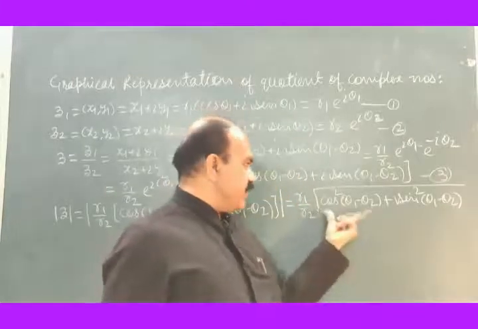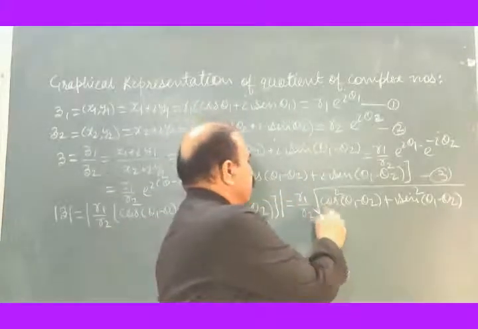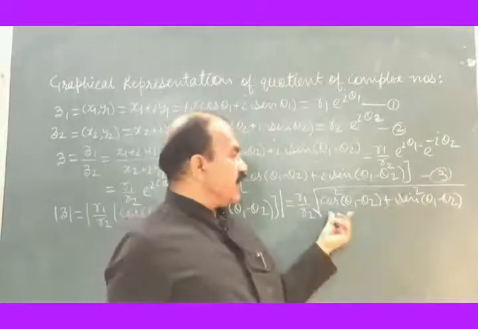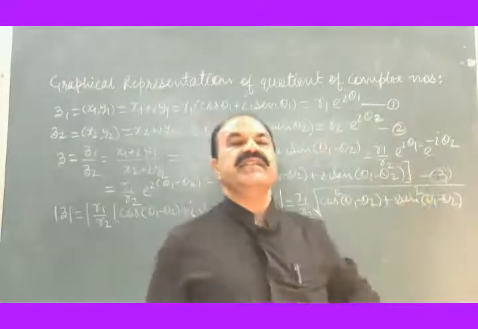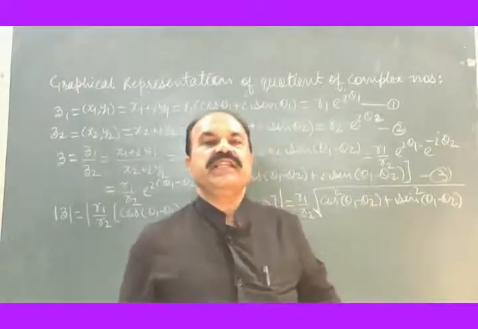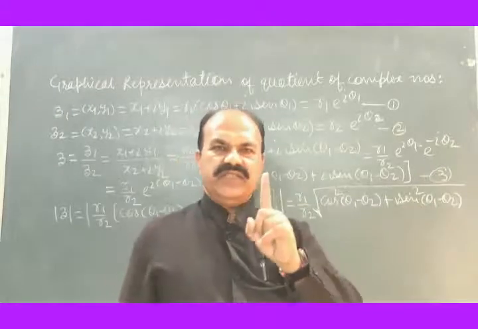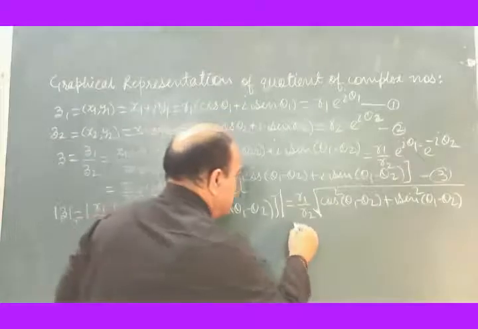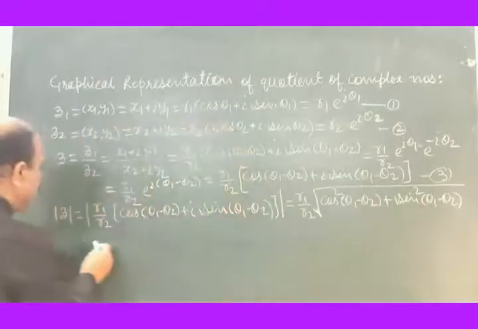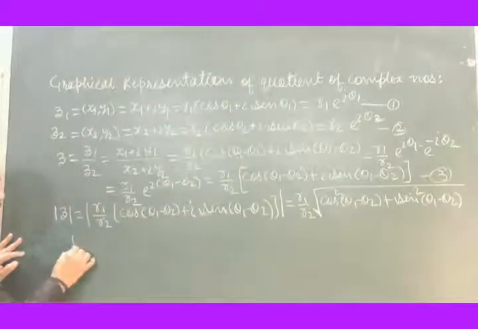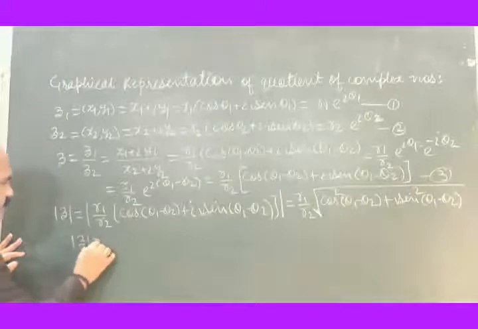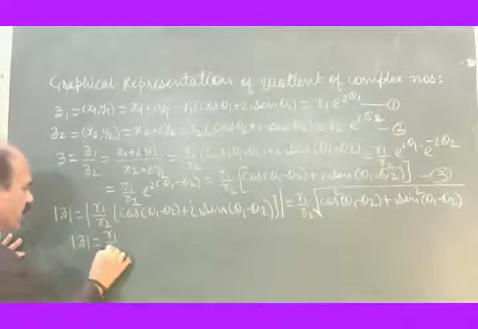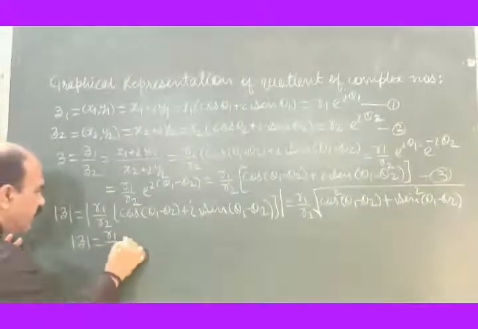So the square root will become cos square theta plus sin square theta, and what is that? It is 1. As it is 1, we simply have modulus of z is equal to R1 divided by R2.